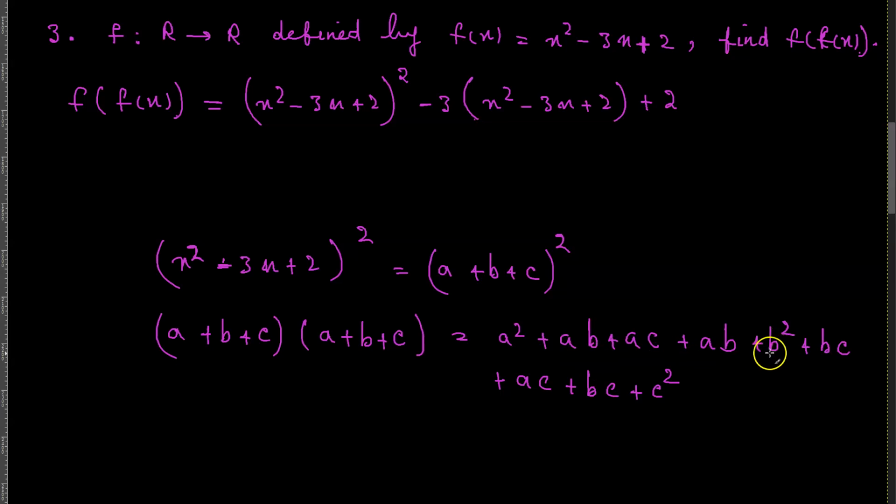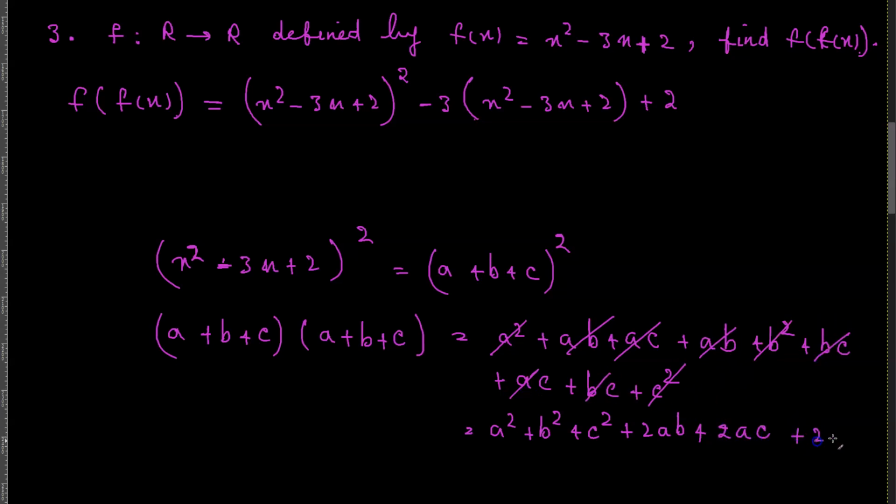So you can see that you have a squared, b squared, c squared, and then you have ab and ab, so 2 times ab, plus 2 times ac, and 2 times bc, which you can write as a squared plus b squared plus c squared plus 2 times (ab plus ac plus bc).